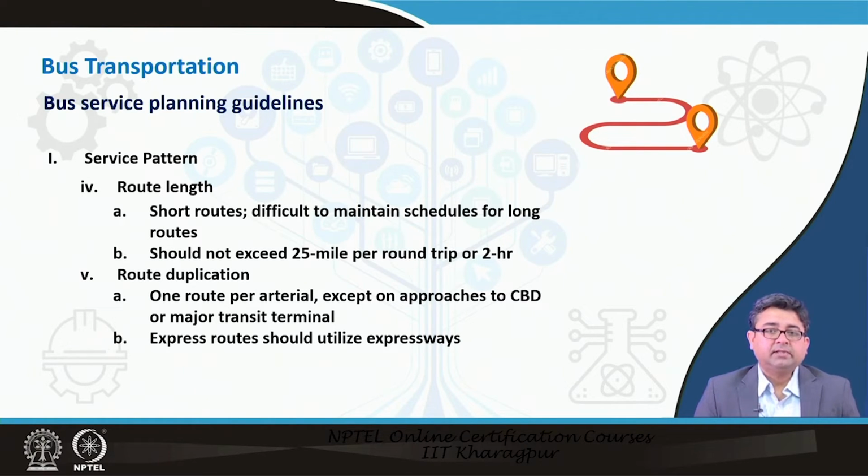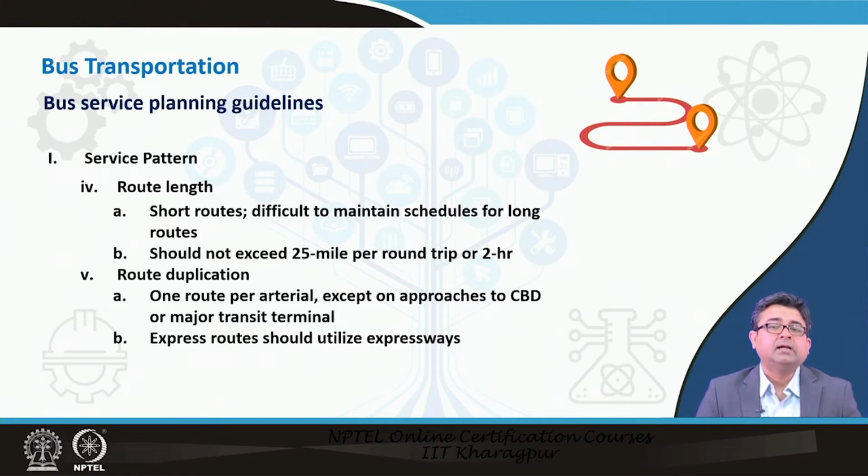Then route duplication, one route per arterial. Usually any arterial road should not have too many competing bus routes, then it becomes very difficult operationally. One route per arterial is something that is recommended in the guidelines. This can however be changed for different cities, but you have to keep this in mind.